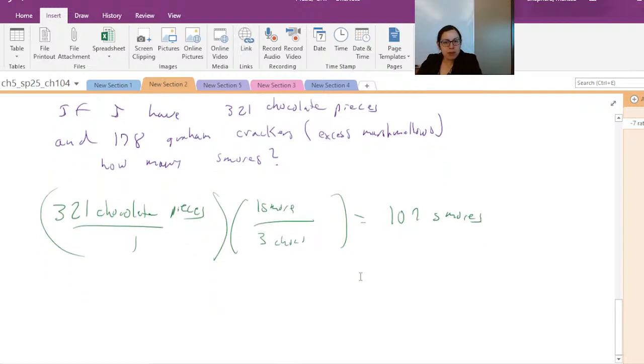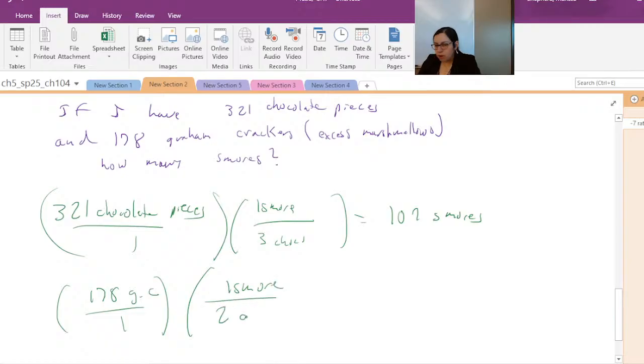So now let's repeat that now for our graham crackers. So 178 graham crackers. Again, comparing what's essentially our mole ratio. So 1 s'more requires 2 graham crackers. And so how many s'mores was this? So 89.